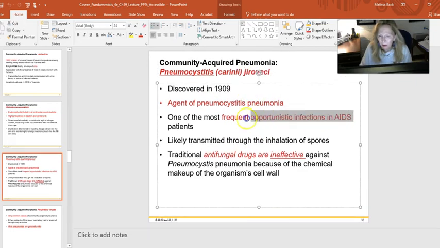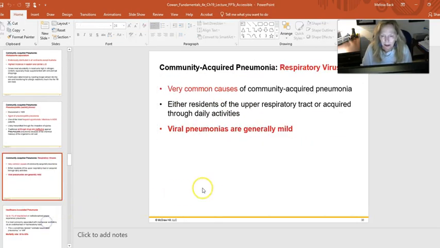And it is an opportunistic infection, and it is a serious infection that has a high mortality rate in these patients that are HIV positive and have now gone into full-blown AIDS. And this sometimes is the last infection that they have because of the mortality rate being so high with this.